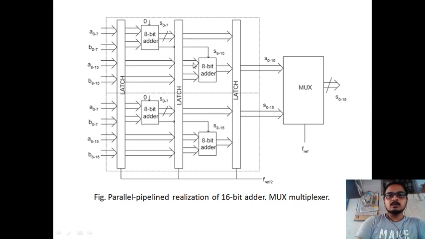Internally it satisfies the pipelining, and when we add the other circuitry, it satisfies the parallelism. That's why this circuitry is called a combination of parallel and pipeline architectures. This is the circuit. That's all. This is the whole concept of architecture level approaches.